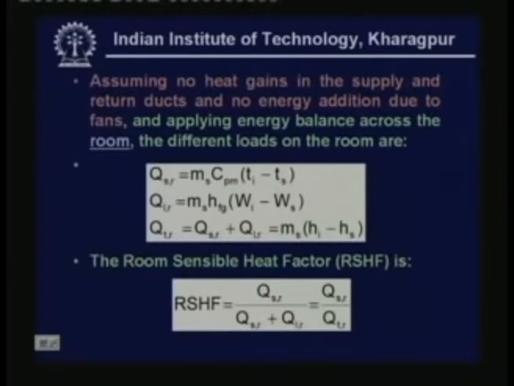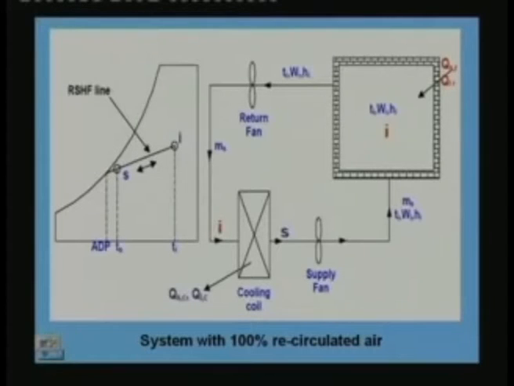Now, assuming no heat gains in the supply and return ducts and no energy addition due to the fans, and applying energy balance across the room, the different loads on the room are, okay, so let us look at the room. What we are doing is taking a control volume. If you are assuming a steady state and applying energy balance across this control volume, you find that the rate at which the sensible heat is entering into the building must be the rate at which it is leaving because of the airflow.